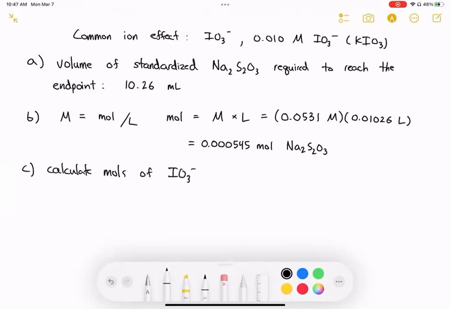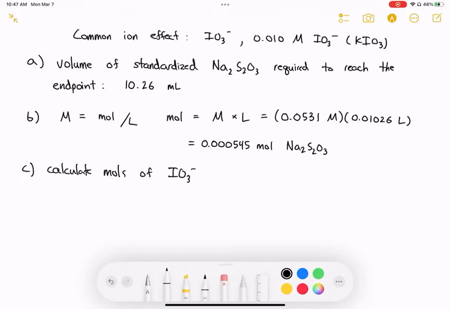This is going to include the moles of potassium iodate in solution. So remember, potassium iodate is very soluble in water, so we're going to assume that all of it dissolves. So we're going to take first our sodium thiosulfate.